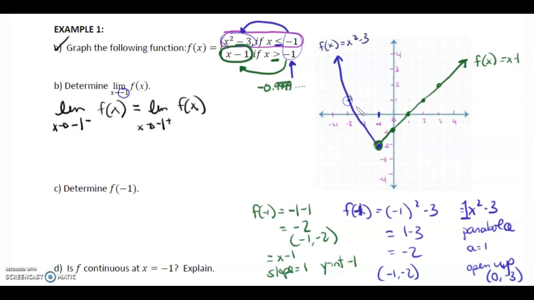So as we go into -1, we approach -2 from the left. As we approach -1 from the right, we also go to -2. So the limit is -2. And you can leave it like this.